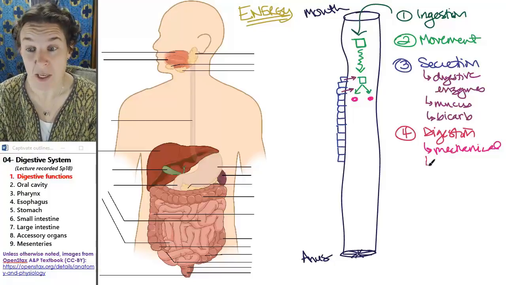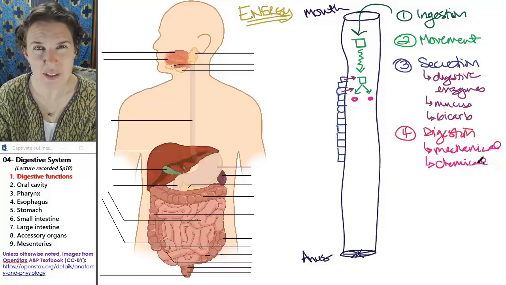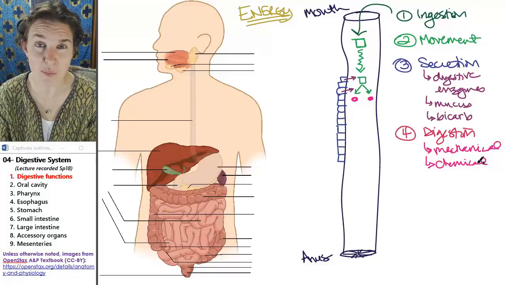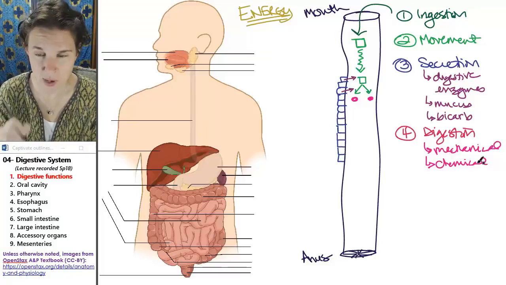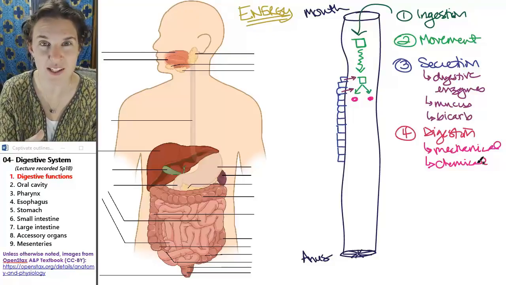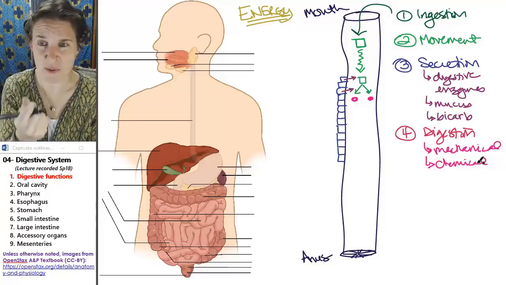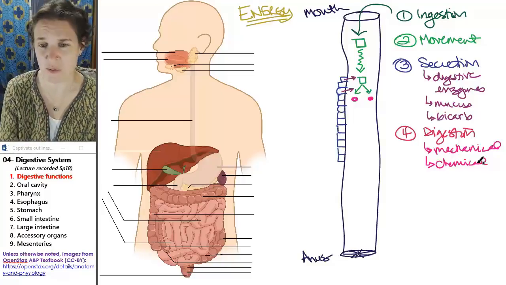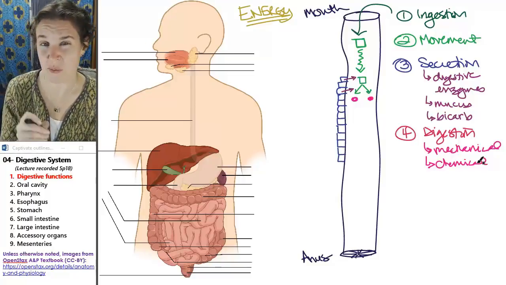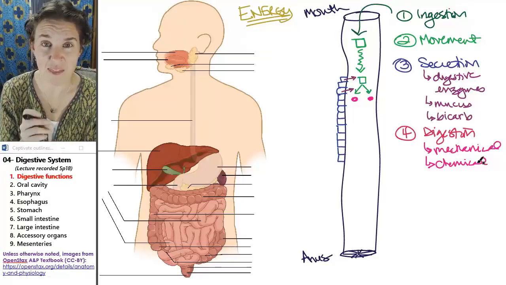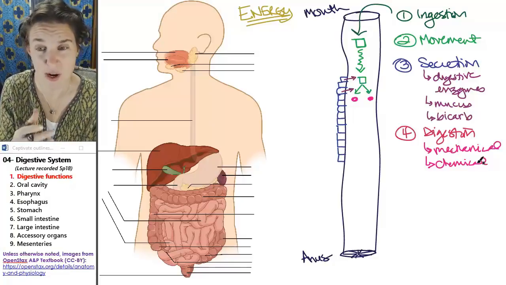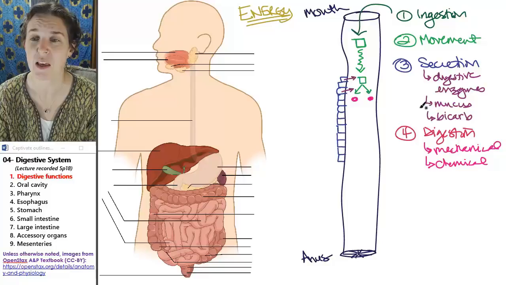It can also be chemical. In chemical digestion, we're actually breaking the particles apart using chemicals. We don't smash them and chomp them and squish them. We actually drip chemical on them, and the chemical itself does the breaking, does the digesting.